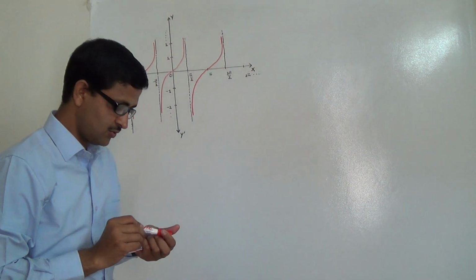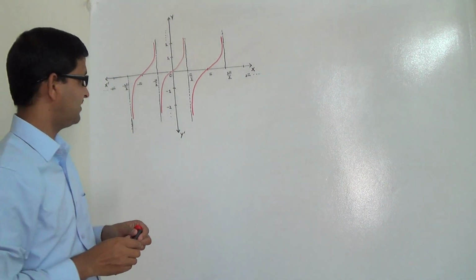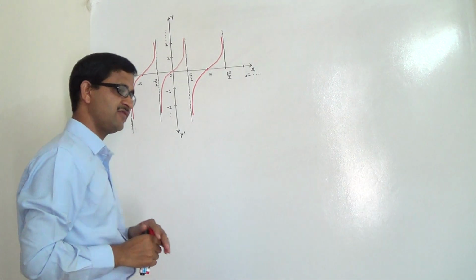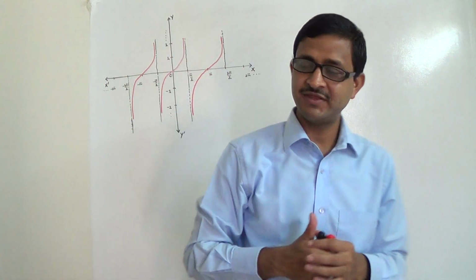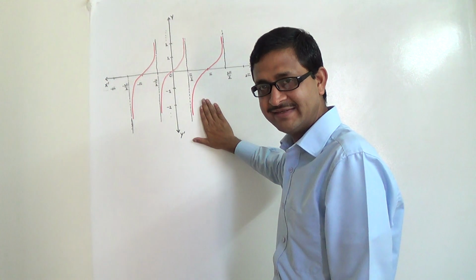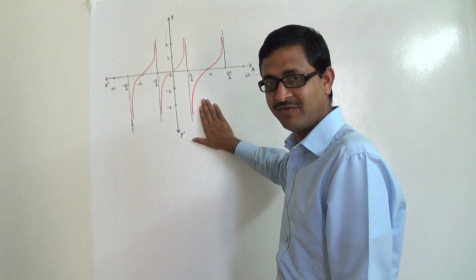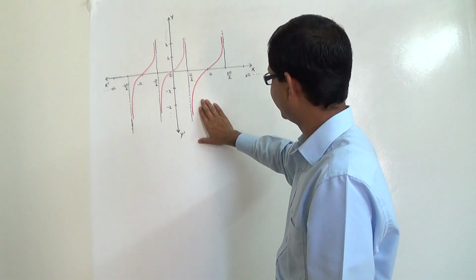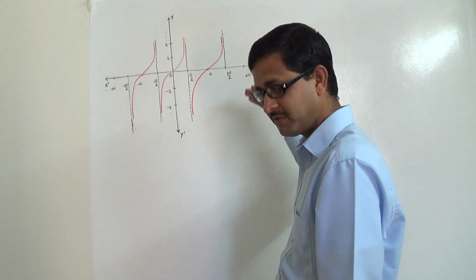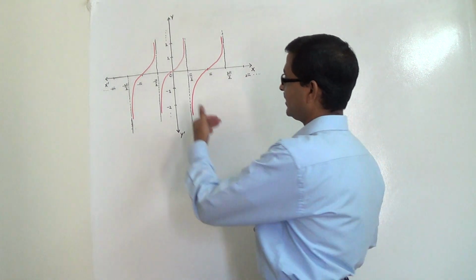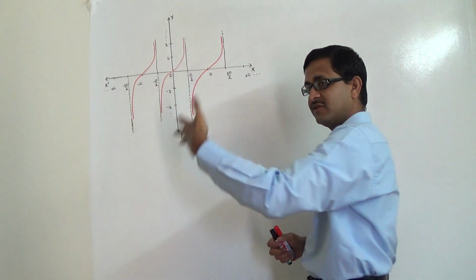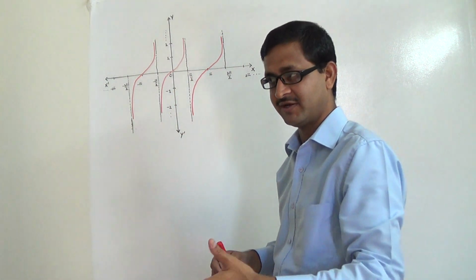Clear? So what we observe about the domain of this function tan by looking into the graphical representation is that the function tan can take any value from the real line except pi by 2, 3 pi by 2, in the similar manner 5 pi by 2, 7 pi by 2, 9 pi by 2, and in the negative angle minus pi by 2, minus 3 pi by 2, minus 5 pi by 2, minus 7 pi by 2, minus 9 pi by 2, like that.